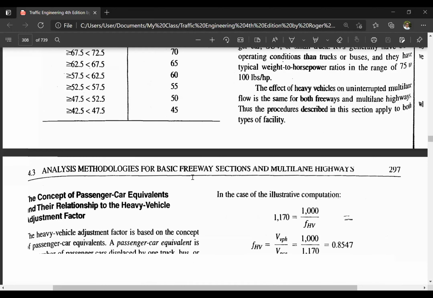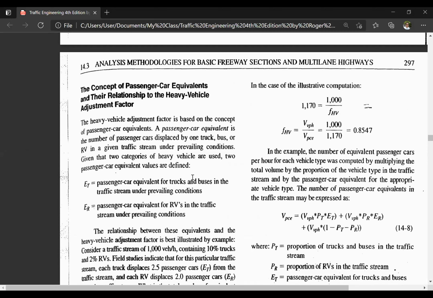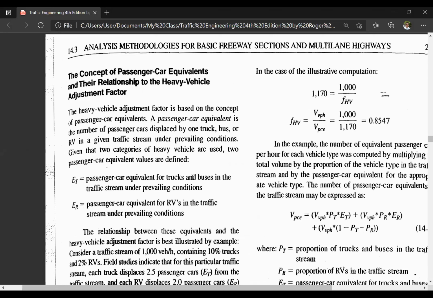Well, if you were in the US a long time, able to drive along the freeways or highways, some of you may have experienced that trucks are very powerful. They are not like our trucks in Thailand. Their powertrains are a lot more powerful.